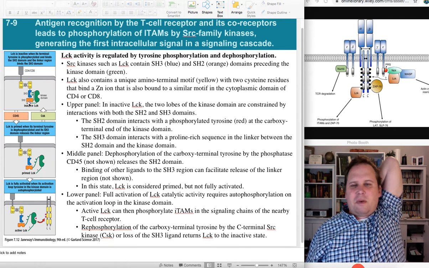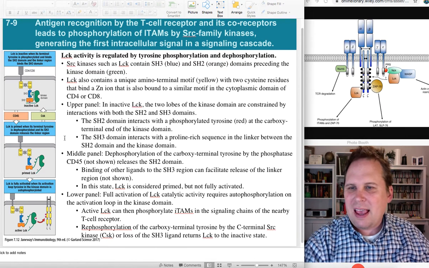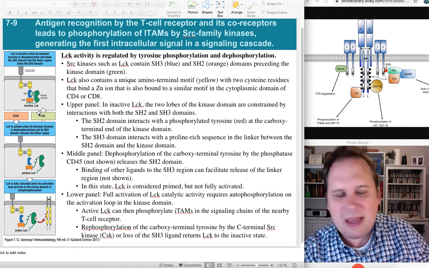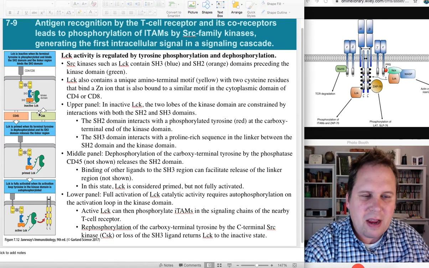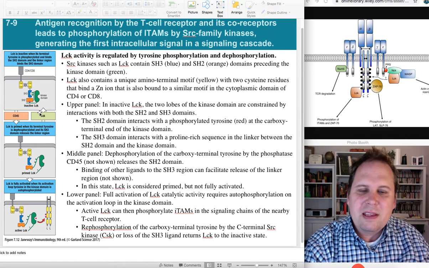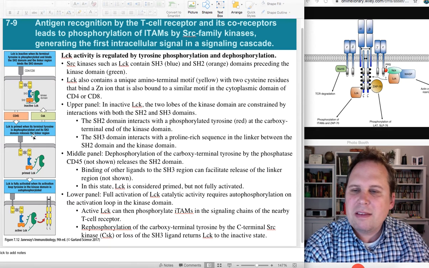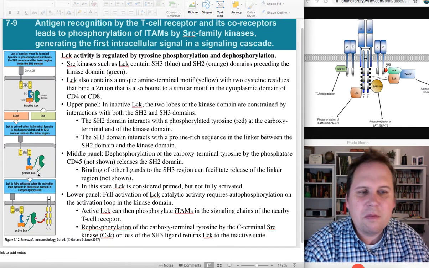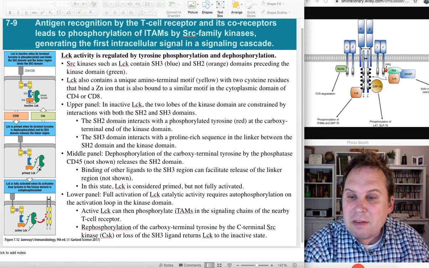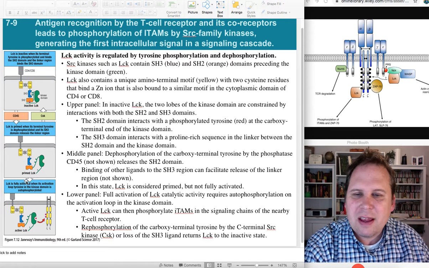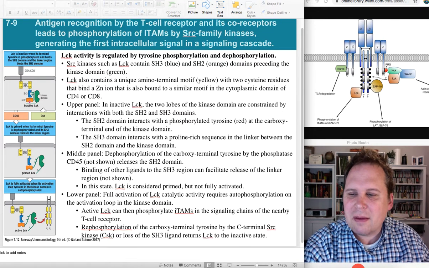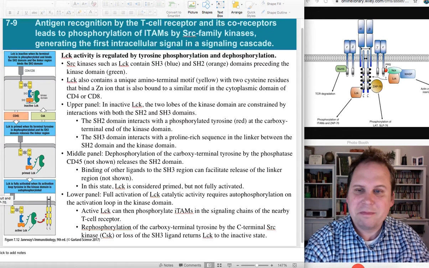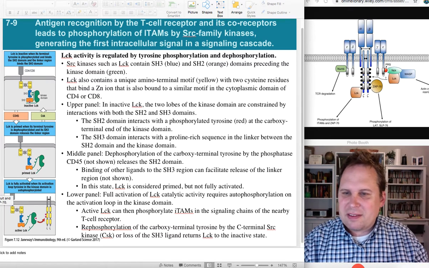So the kinase doesn't work because the tail is being held in place by the SH2 because of its interaction with that phosphate. So what needs to happen is we got to find some way to get rid of this phosphate and turn it back into just a tyrosine with no phosphate on it, which they abbreviate as a little Y right there. And when that happens, then that is going to be the signal that basically starts the process off.